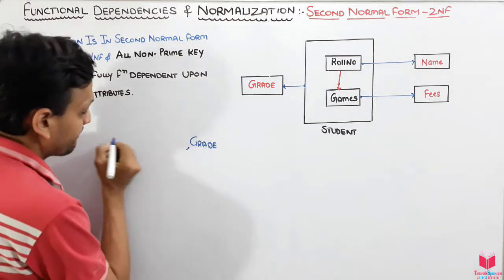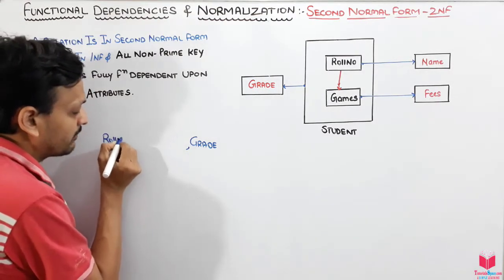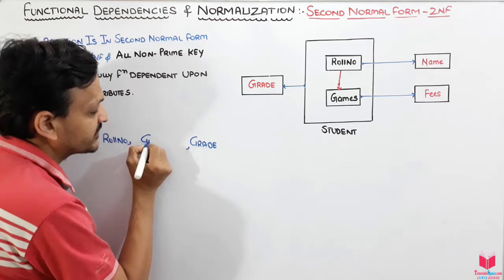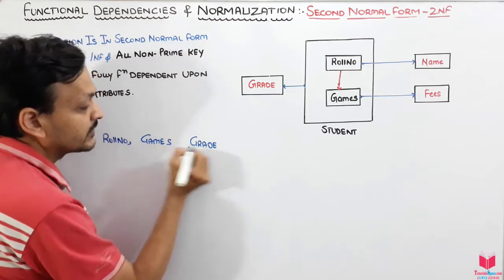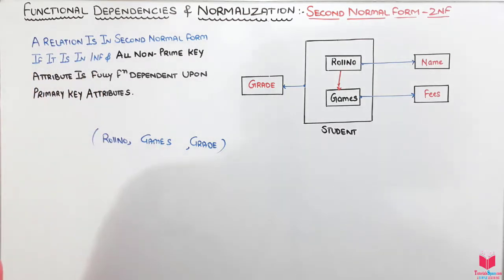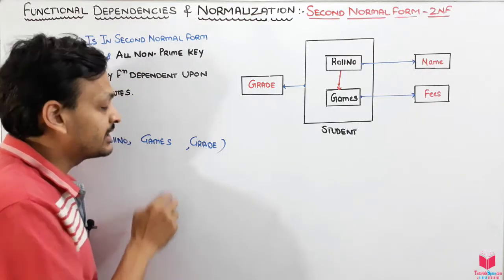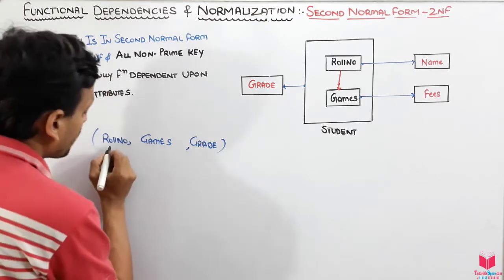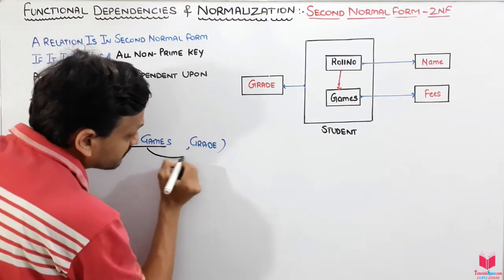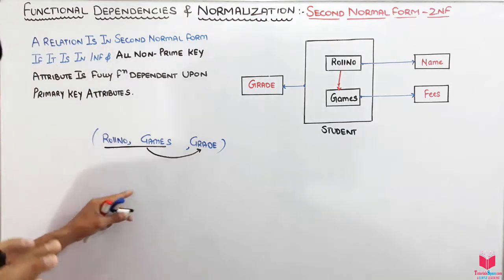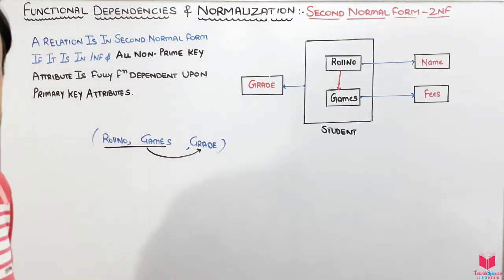So we will take roll number, comma, games in one table. The definition is satisfied here, that all non-prime key attributes are fully functionally dependent upon all the prime key attributes. This table comes under the second normal form.